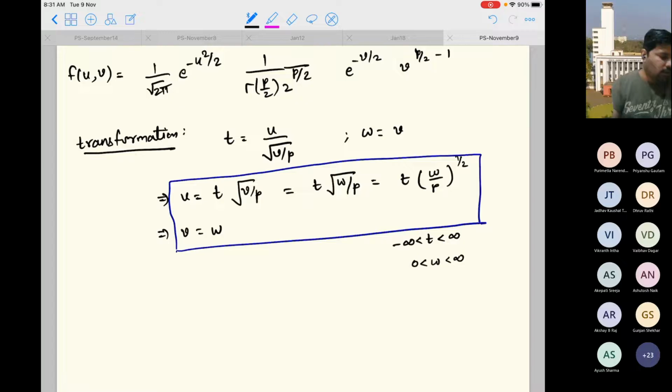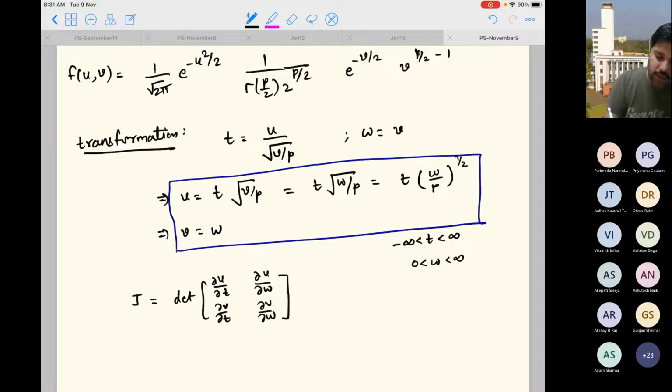And now what we want to do is find out the Jacobian. The Jacobian is the determinant of this particular matrix: del u by del t, del u by del w, del v by del t, and del v by del w, correct? So this is the Jacobian of the transformation. Del u by del t is w by p to the power half, correct?